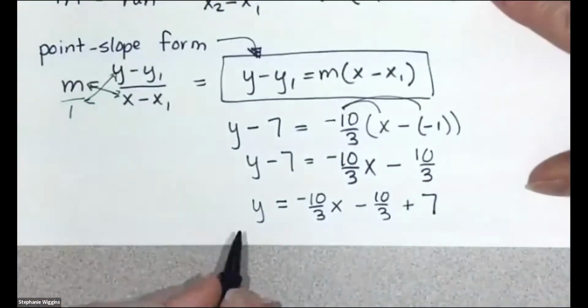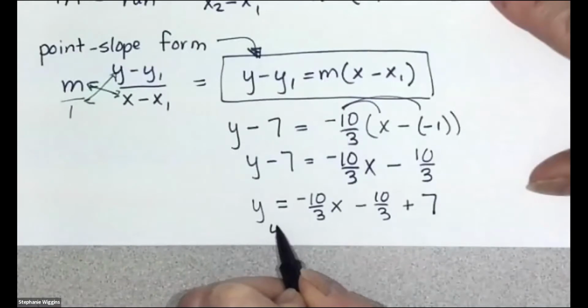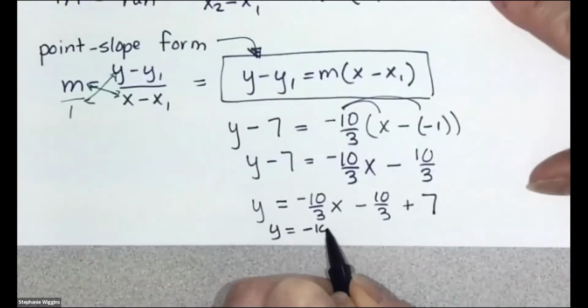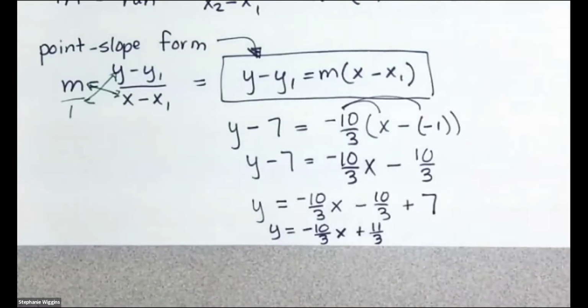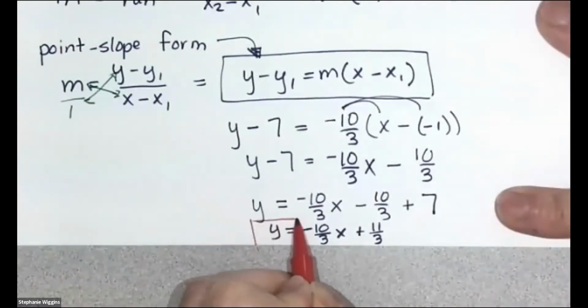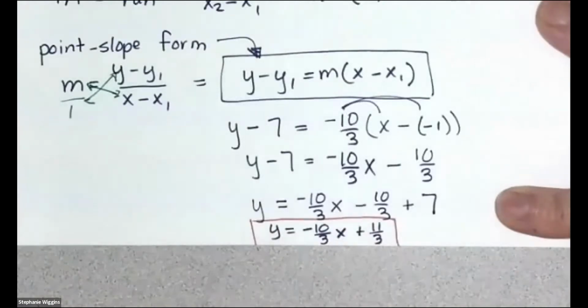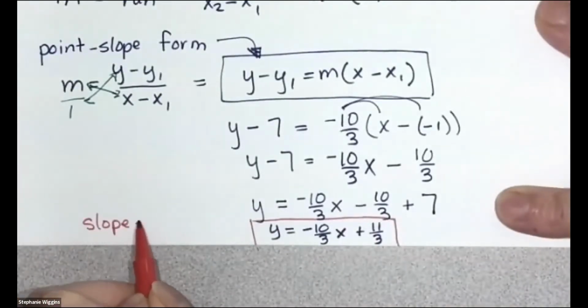I'm kind of running out of room here, but I'm going to finish it off. y equals -10 thirds x plus 11 thirds. Now, this form of the line that I have here is slope-intercept form.